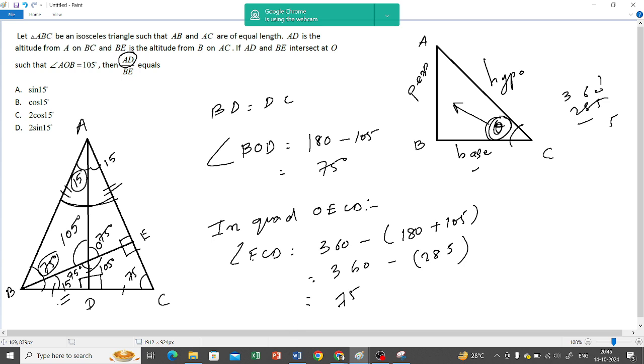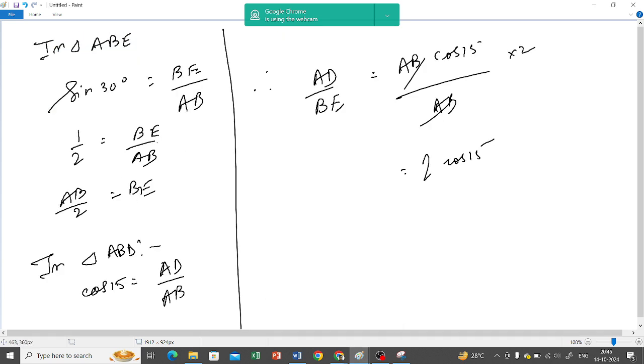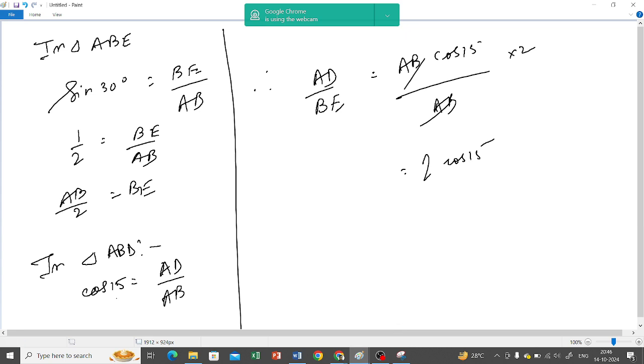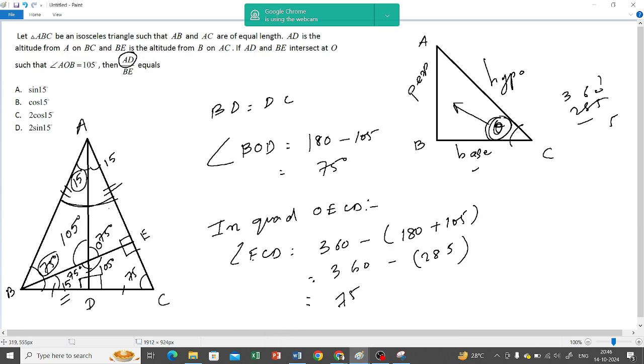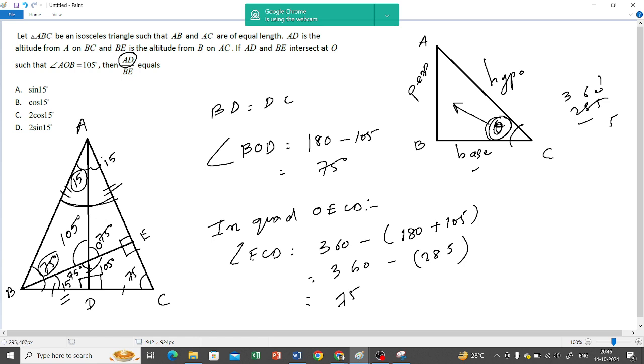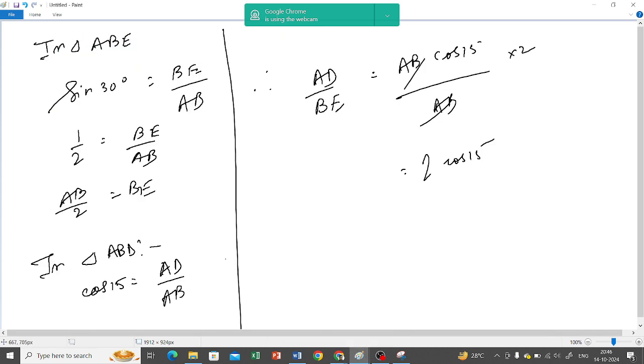That is BE by AB. Okay. So what is BE? BE is AB by 2. In triangle ABD I am taking cos 15. This one. So cos 15 is base by hypotenuse. So that is AD by AB. Okay. And that's it.